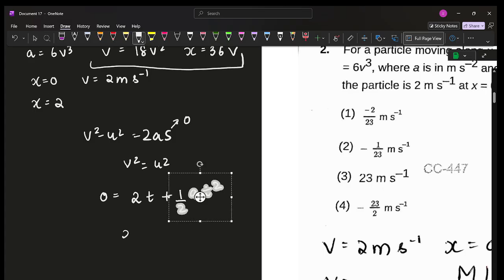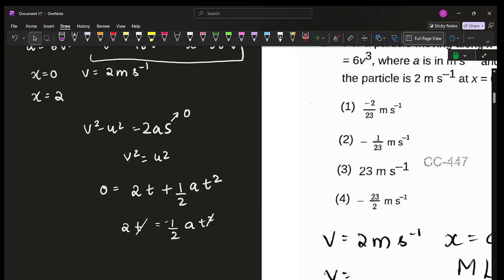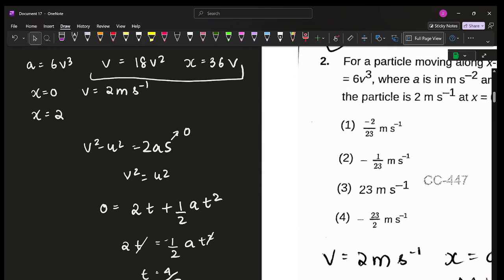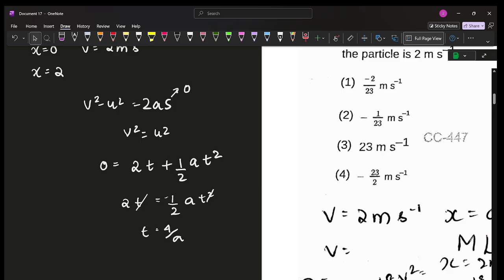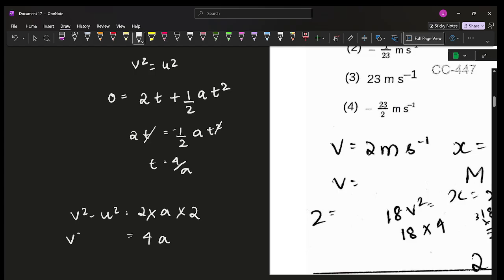Let's check. ut is equal to half, cancel. I get 4 by a. Time is basically 4 by a, something like that. Now acceleration is 6v cube. In the second scenario I am supposed to find s, which is 2. So I have 4 by a, and I need to find velocity.